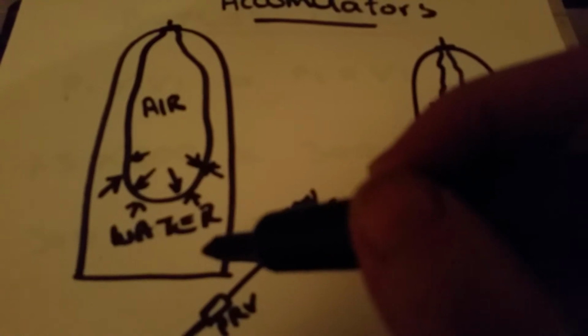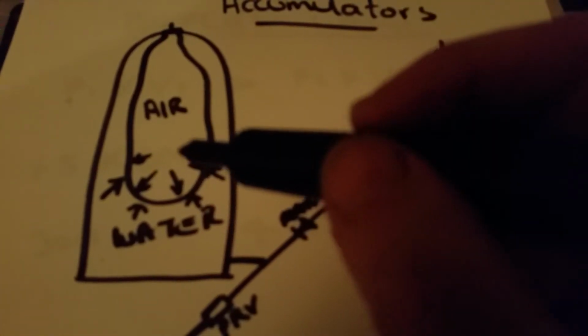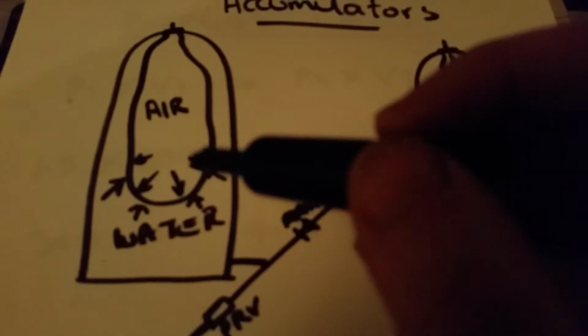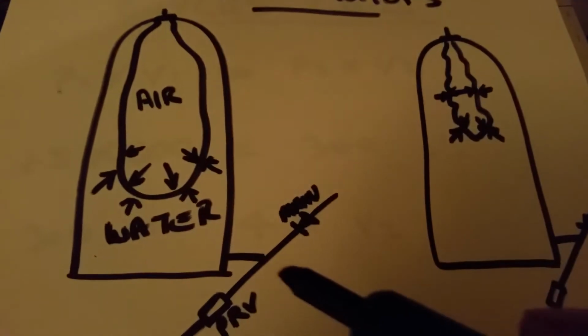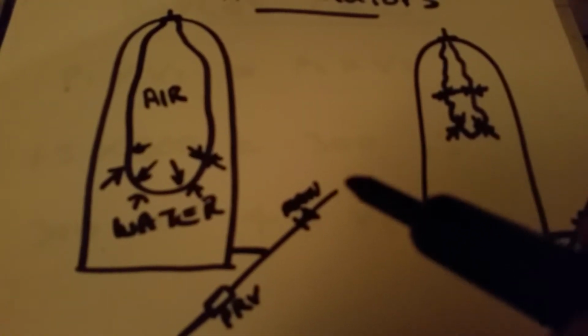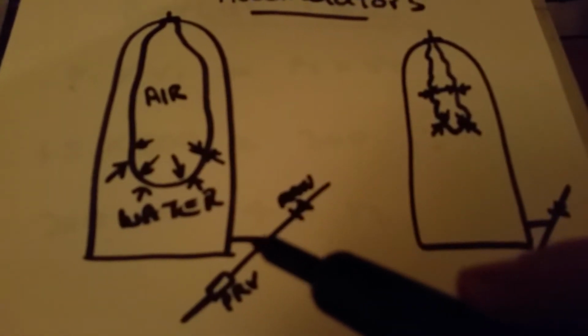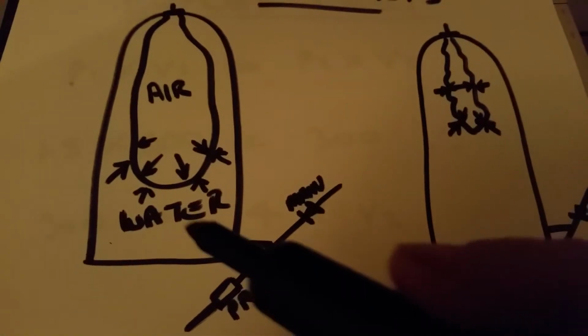So as the water pressure increases, it causes the air to compress, and all the time the pressure will be equal in the air and in the water. Once we get up to the standing pressure of the mains water coming in here, there'll be no further compression of the bag and the water will be stationary.